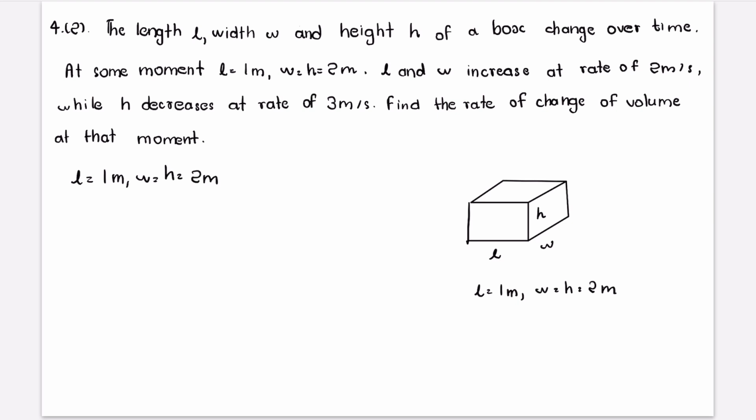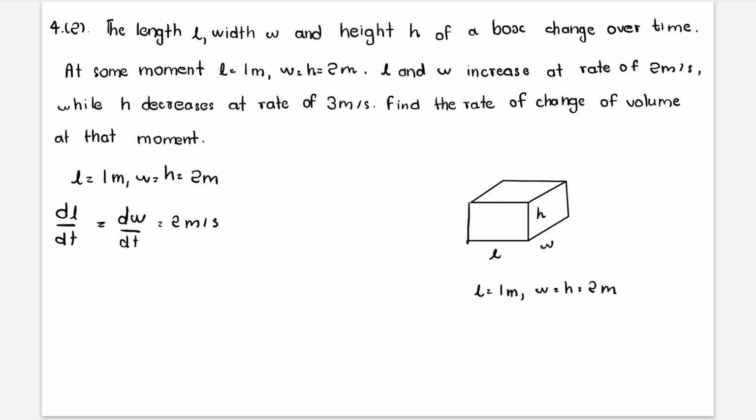So the given part is L and W increase at rate of 2 meter per second. That means dL by dt and dW by dt is 2 meter per second, right? And then it's increase.